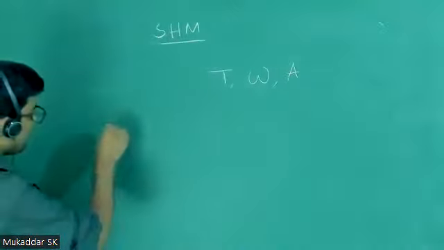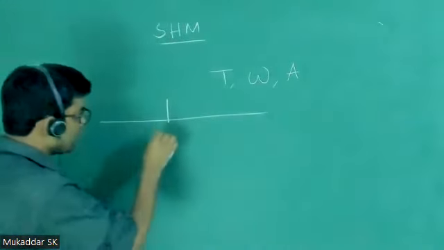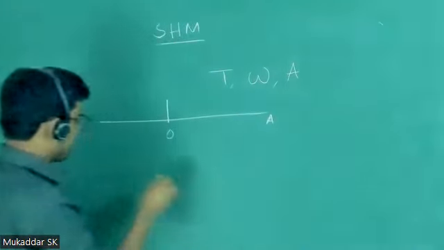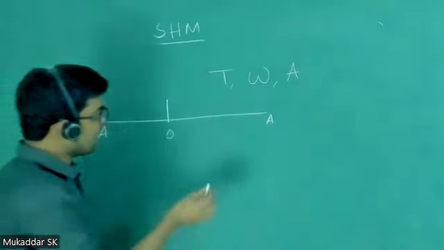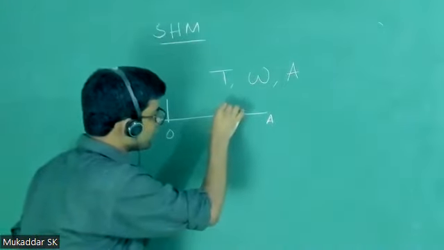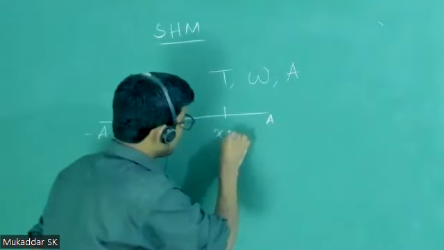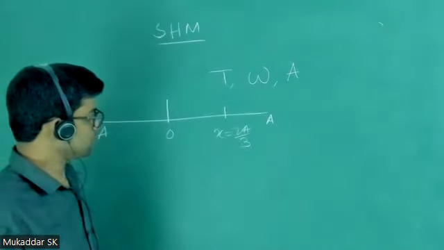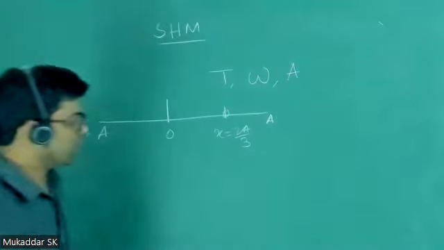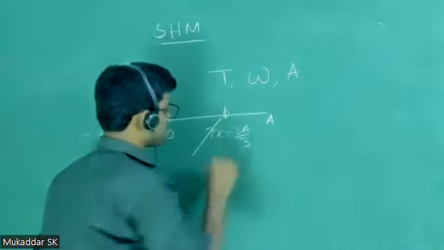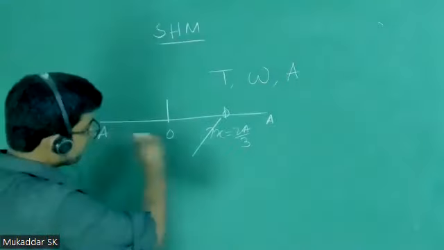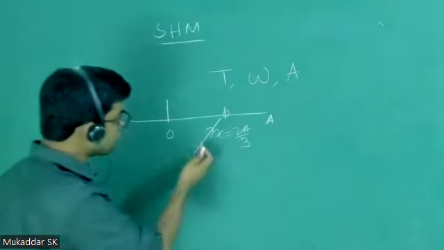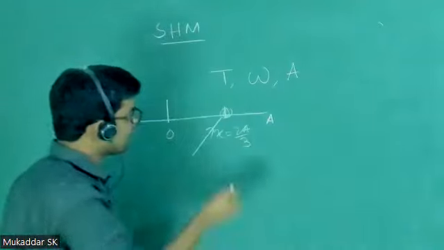You have this mean position, and this is the extreme position. When the particle is at x equals 2a by 3, there is a sudden force from an external source, and that force makes the speed of the particle 3 times.